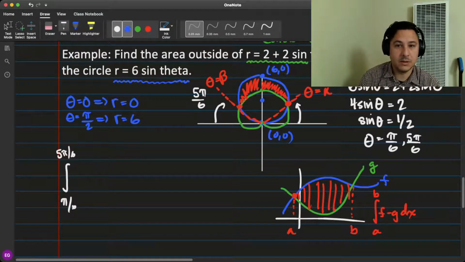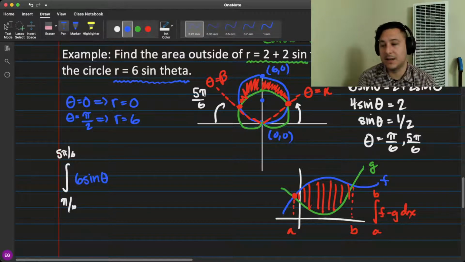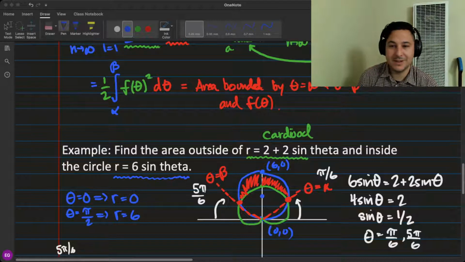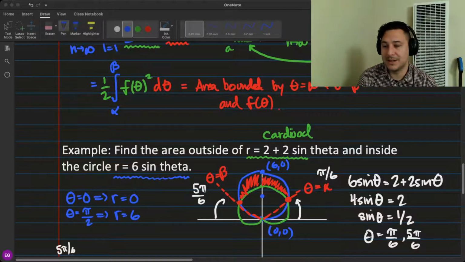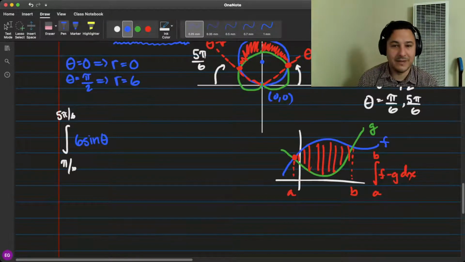So I'm going to do 6 sine theta. Now, can I just put 6 sine theta here? When we're finding the area with polar, what does the formula actually say you have to do? I'm scrolling up so you can see it. Yeah, you're going to have to square it, and we're also missing something else. So we're going to have half, and then all of this is squared, d theta.